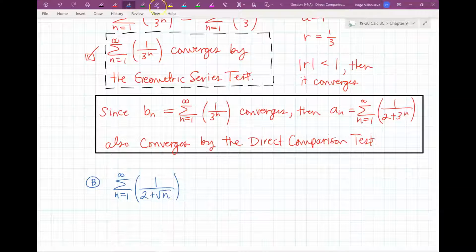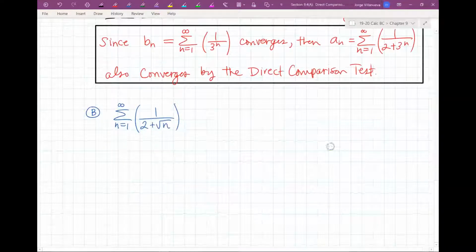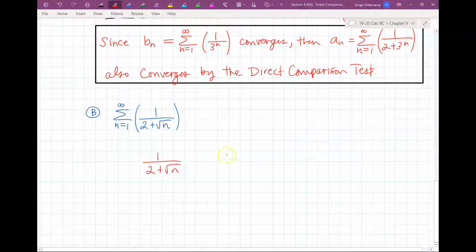All right, so I'm going to say I have 1 over 2 plus radical n, and 1 over radical n. Which one is bigger? So the 1 over radical n is actually bigger than the 1 over 2 plus radical n. By the way, right now you're going to see something interesting happen, but this is true so far. This is my a sub n, this is my b sub n, correct?